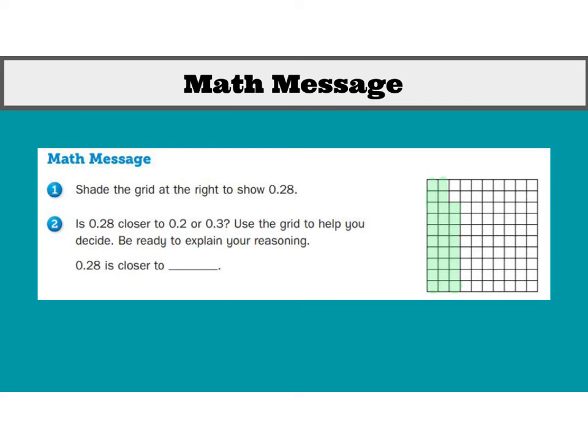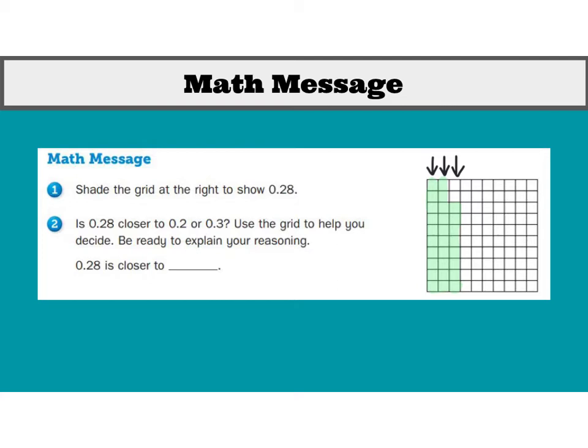So, number 2, moving on, is 28 hundredths closer to 0 and 2 tenths or 0 and 3 tenths? So, if we look at our grid right now, this would be 1 tenth, 2 tenths, and then if we had shaded in those final 2 squares in that third column, that would be 3 tenths.